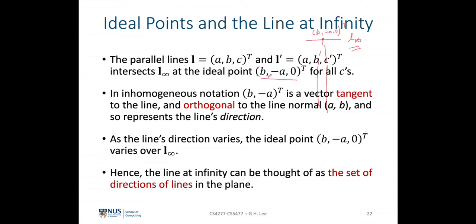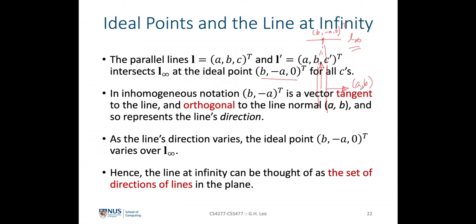In other words, B minus A over here can be seen as the tangent to the line, which is the direction of the line that is pointing towards the point at infinity, which is B and minus A over here. And the orthogonal to this tangent direction vector would be the normal of this line, which can be given by A and B over here.